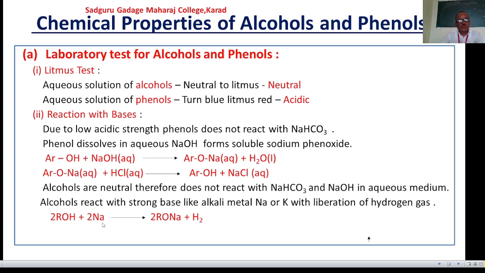When this alcohol reacts with sodium, it gives RONa, sodium alkoxide, and hydrogen gas is liberated. So alcohols react with strong bases like alkali metals, sodium or potassium, but they do not react with sodium bicarbonate or NaOH.